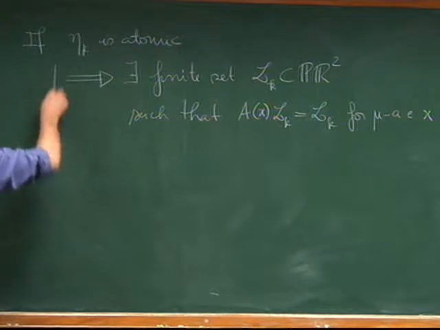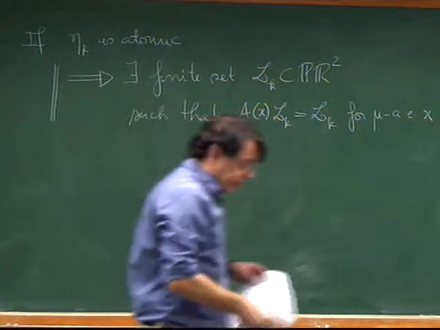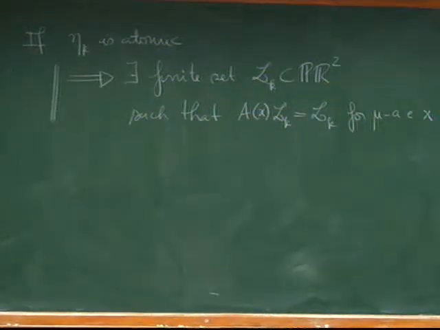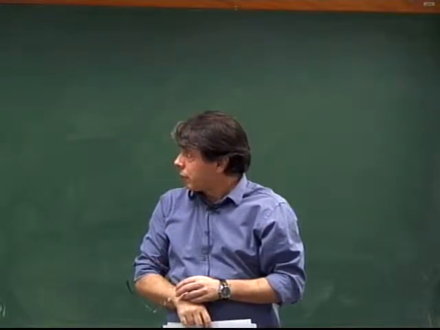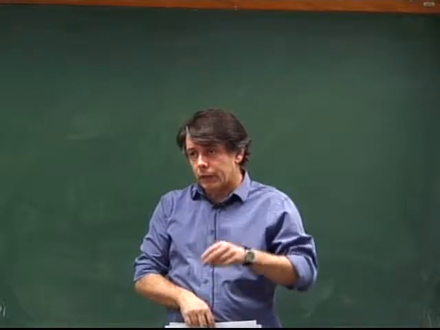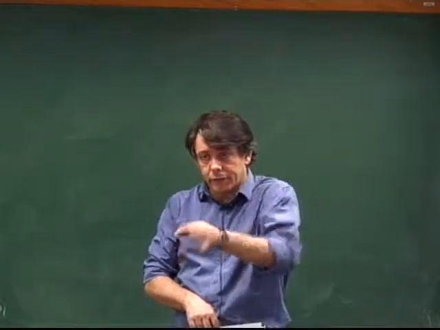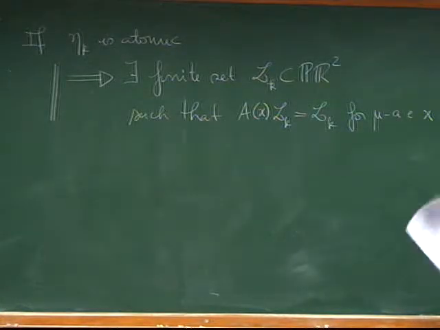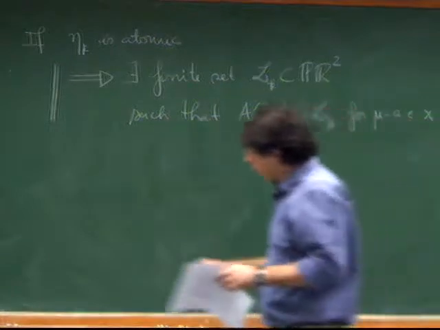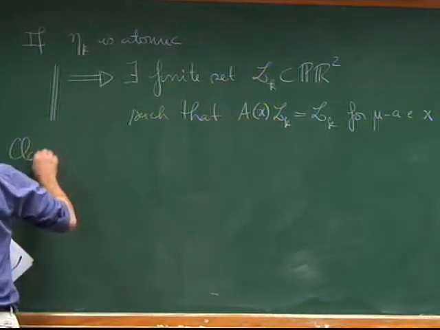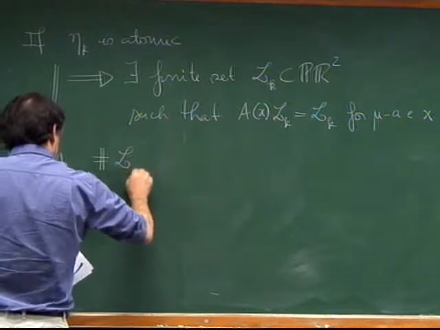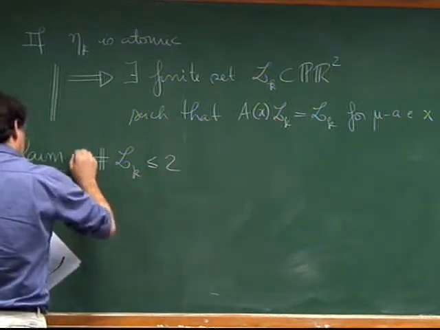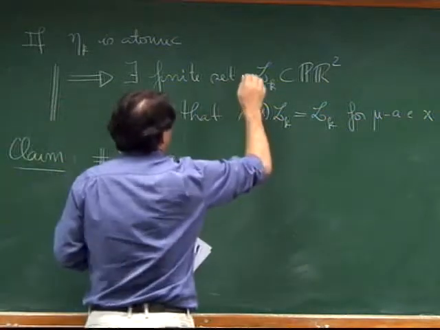This is something that is very general. Whenever you have a stationary measure that is atomic, the way we did this, we proved even something more general in any dimension, that you can find a finite family of subspaces that is invariant. Subspaces either are fixed or permuted, but so that the family remains invariant. But in this case, I make an additional claim, which is that the number of elements in Lk is at most 2. It's non-empty and finite.